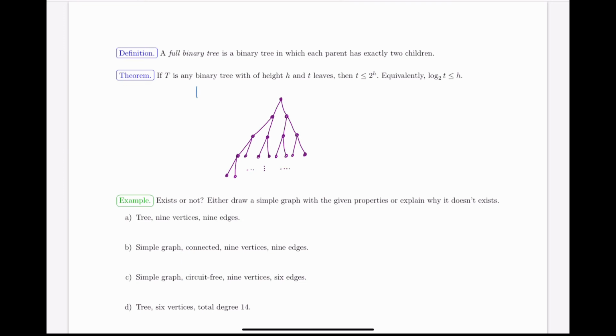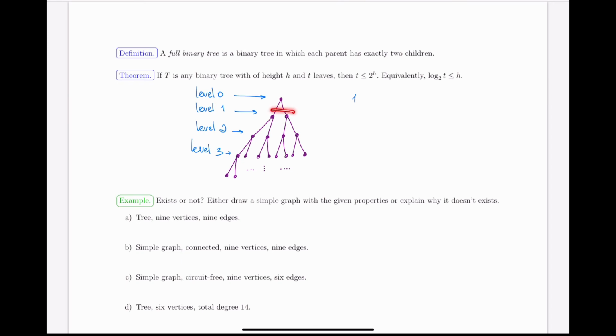And then notice that, in terms of levels, this is level 0, and then I carry on with the levels as I move further away from the root. Now, how many vertices are going to be present on each level? On my very top level, I have one vertex.